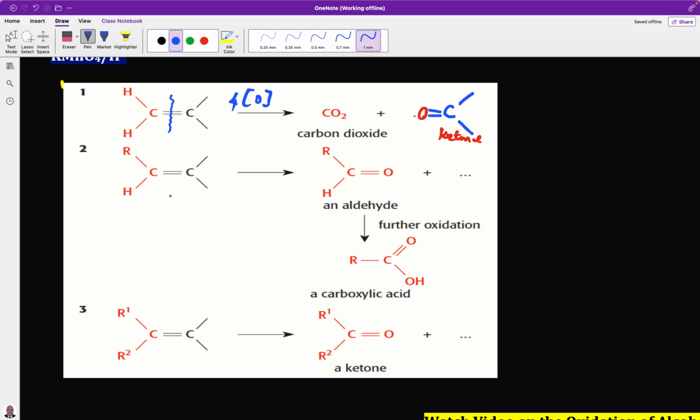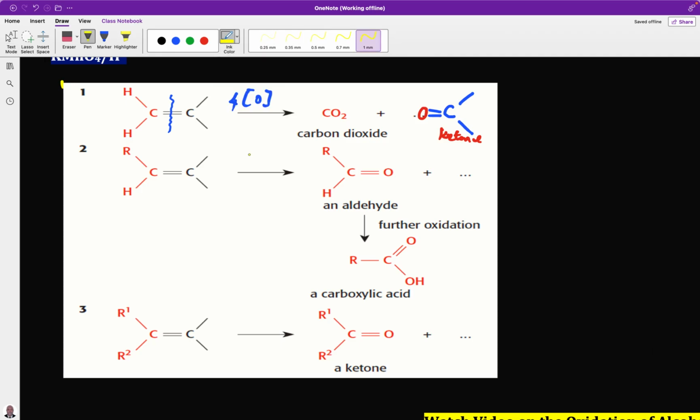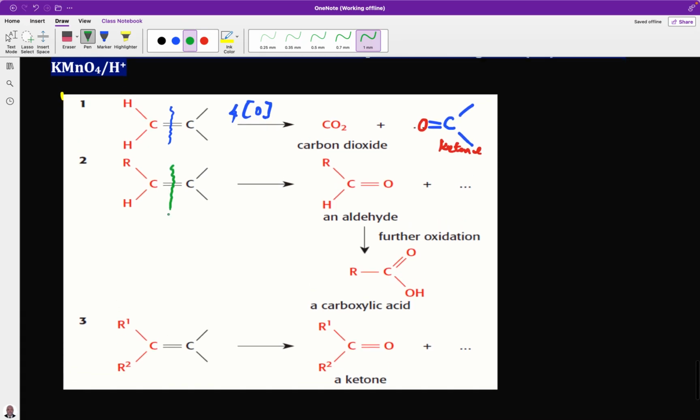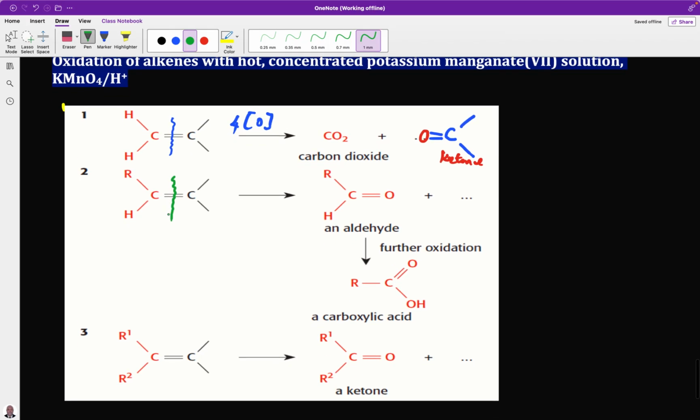What happens when the bond splits? See what happened, my dear learners. Let me use a visible color, please. Here, under this harsh condition, under the hot concentrated condition of acidified potassium manganate.